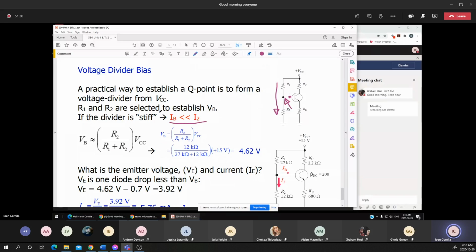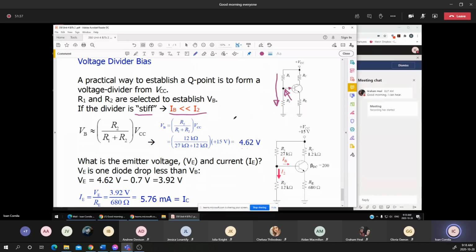Now, sometimes you'll see this described as a stiff voltage divider, or a stiff circuit. What that means is IB much smaller than IR1 or IR2. Under this condition, IB much smaller than I2, we can apply the voltage divider rule to find VB.